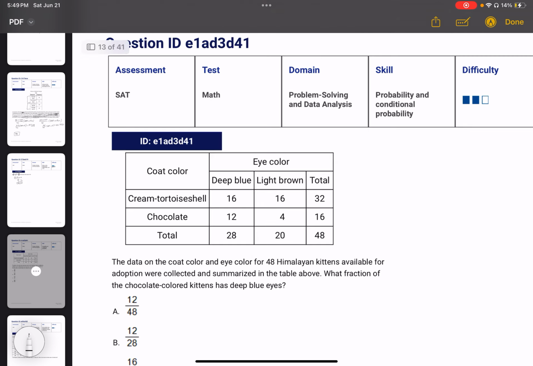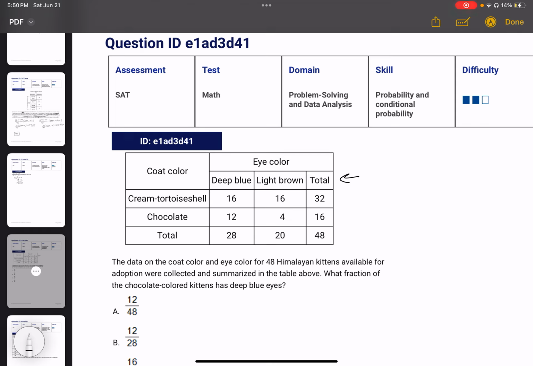Looking at our next problem, we have coat color, eye color, subsection for eye color. Okay, so looking at the problem, the data on the coat color and eye color for 48 Himalayan kittens available for adoption were collected and summarized in the table above. What fraction of the chocolate-colored kittens has deep blue eyes?